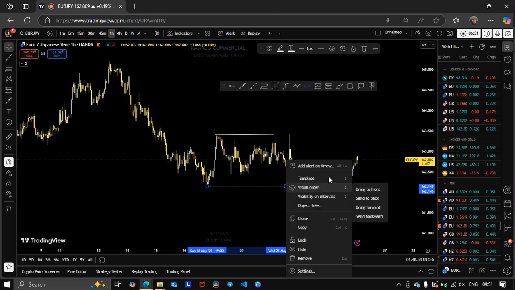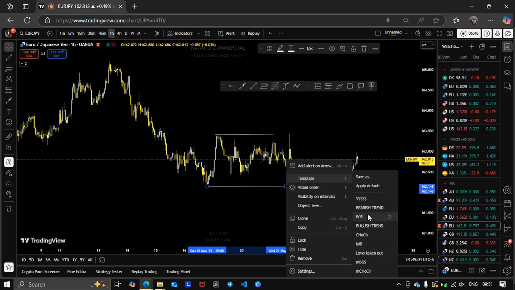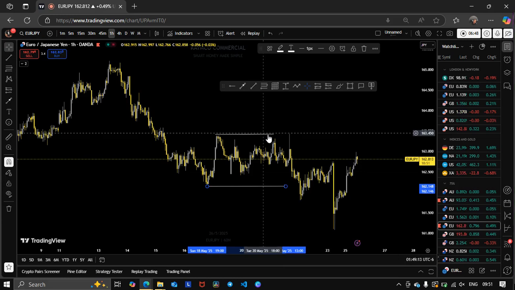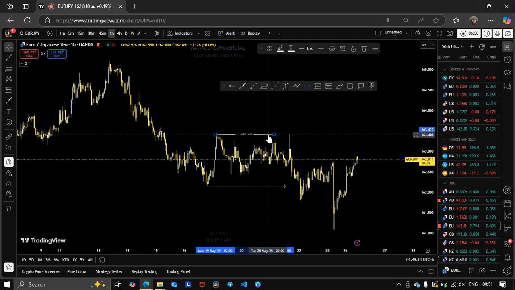Sorry, I don't know what's happening, guys. So yeah, at this point we have a break of structure, and then here we have our liquidity that is taken out.